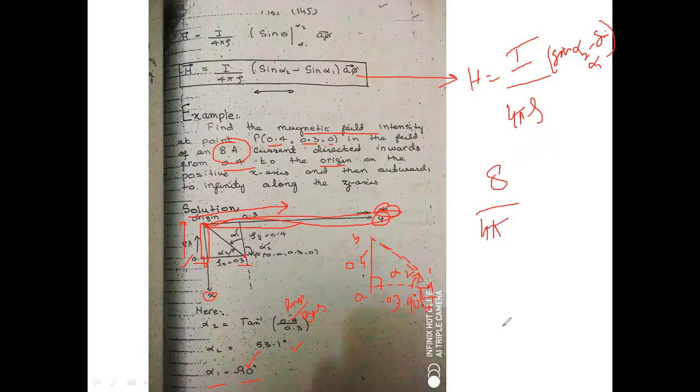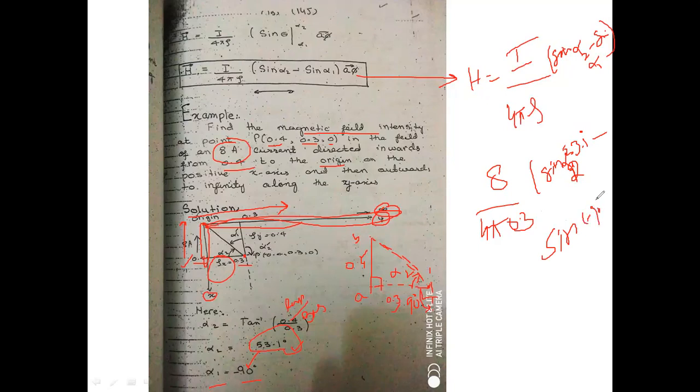Now rho is 0.3, so 0.3, and sine of alpha 2 minus sine of alpha 1. What is alpha 2? 53.1 degrees, so sine of 53.1 degrees minus sine of minus 90 degrees.